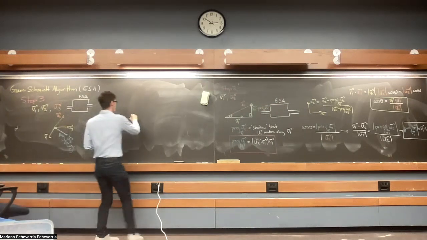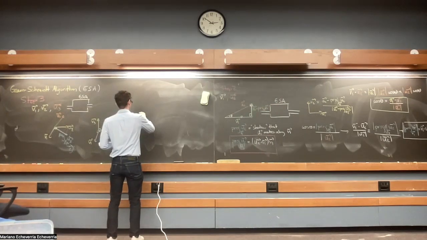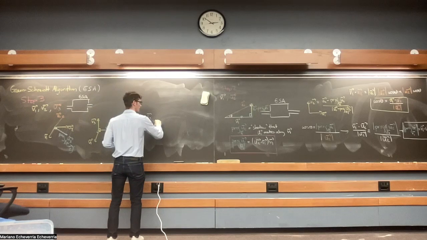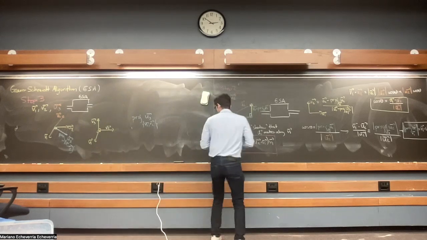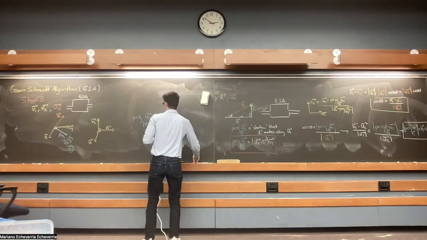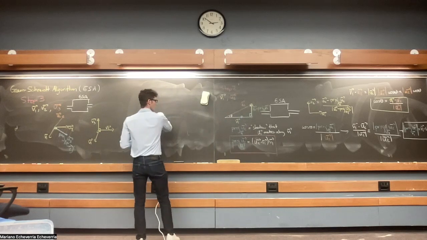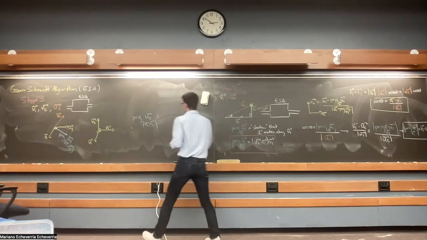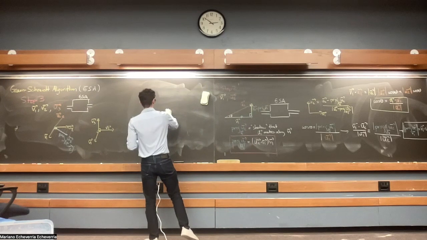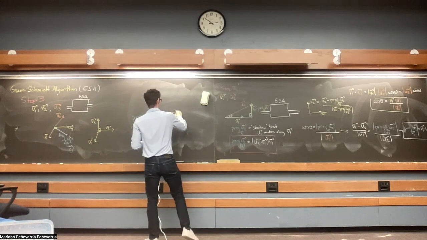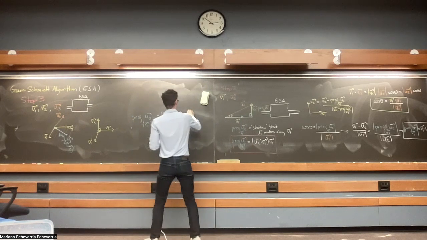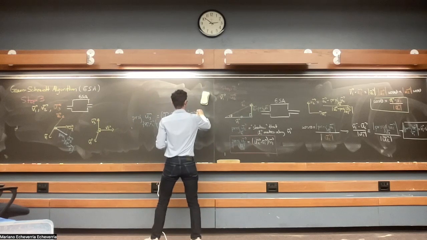So the formula for the shadow is essentially this same formula. But instead of U2, now you put U3, so you do U3 with V1, and then U3 with V2.